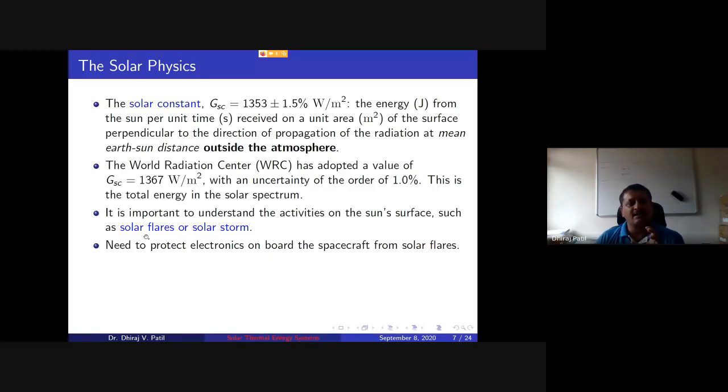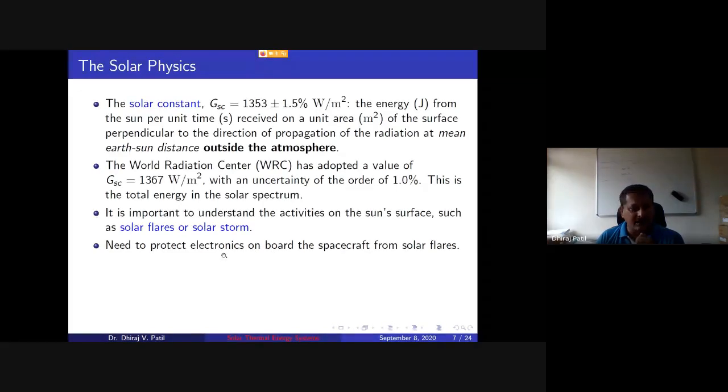For solar thermal energy collection on the Earth's surface, we are more worried about the weather conditions. Okay? Because of these solar flares or solar storms, we need to protect the onboard electronics on the spacecraft.